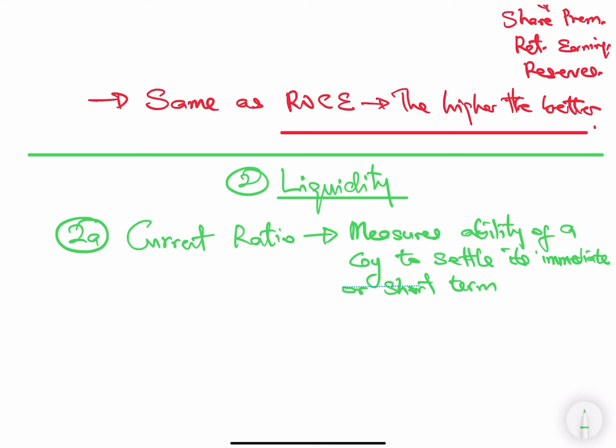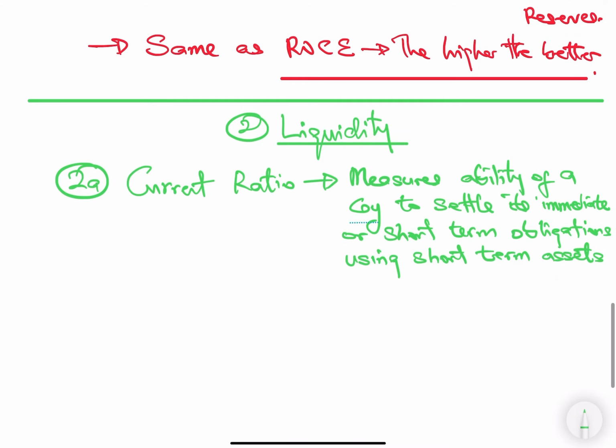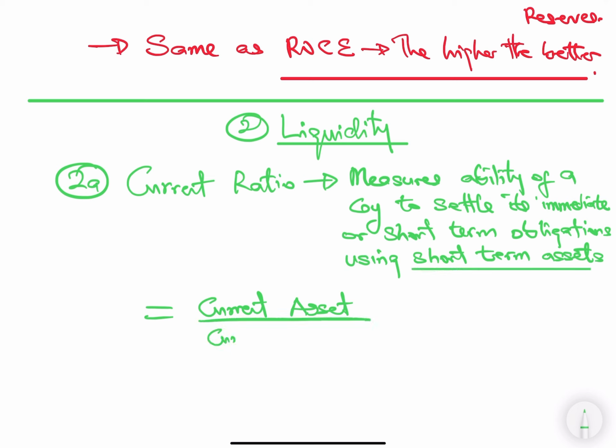Things like accounts payable, short-term obligations, using short-term assets. These short-term assets are things you call liquid assets and all. So that's what the current ratio is looking at. And that's why the formula is just your current assets, which is this, divided by the current liabilities.